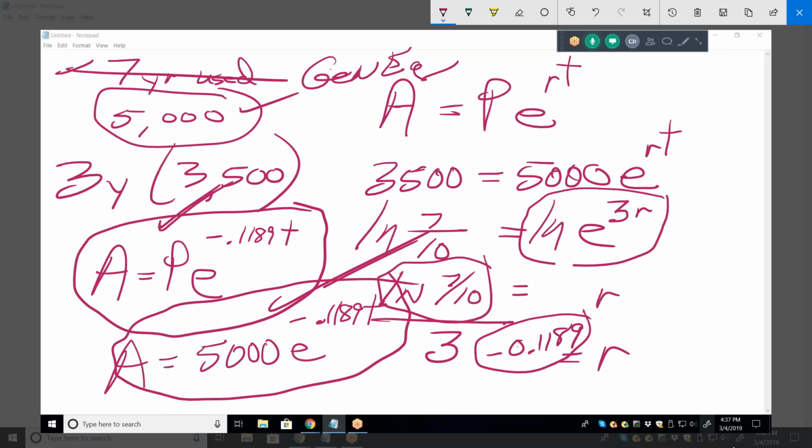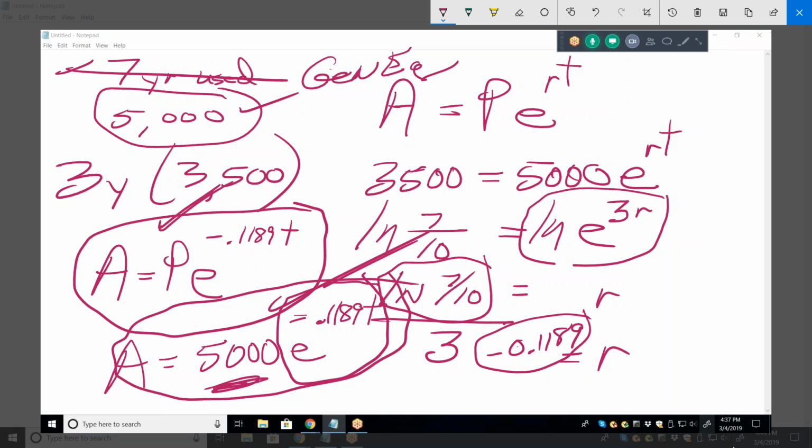Well, 6 times that, that's going to be a pretty big r. That's e to the minus 0.7? What is that, when you plug in 6 for t? I usually do that first in my calculator, and then I multiply it by 5,000. I got negative 0.71.